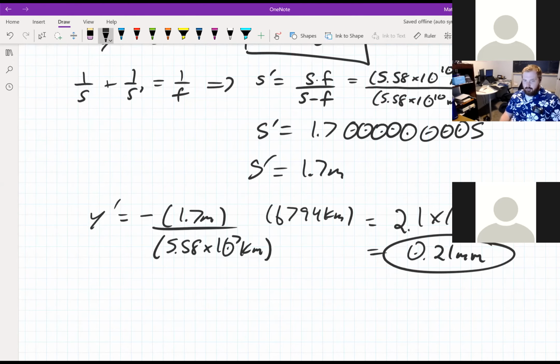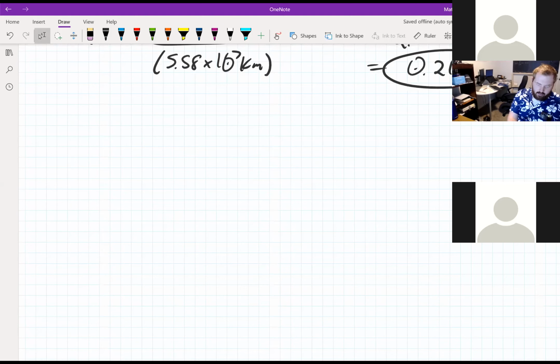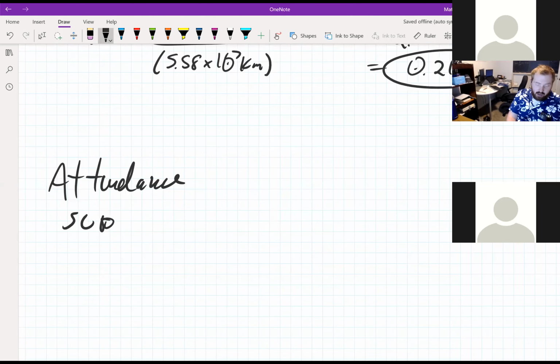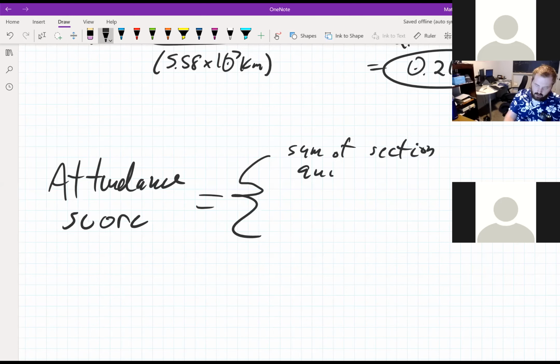The attendance. So, attendance score, this doesn't apply if you were an online student at the start of the semester. It's either some of the section quiz scores or times what the attendance score is worth.